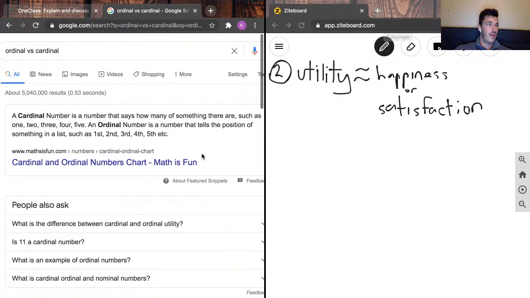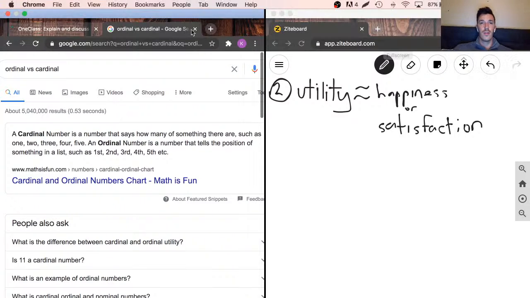So we're talking like there are 5 apples. But an ordinal number is a number that tells the position of something in a list. So when I say that utility is ordinal and not cardinal, that means that having 8 utils, which is the unit of utility, doesn't really mean anything. But we know that people prefer having 8 utils to 4 utils.